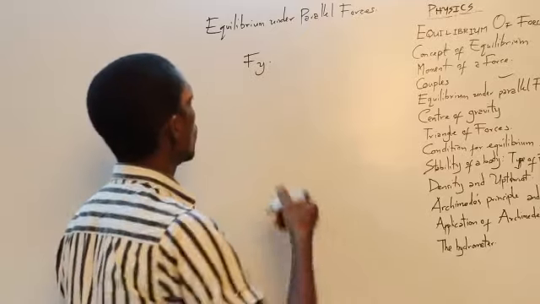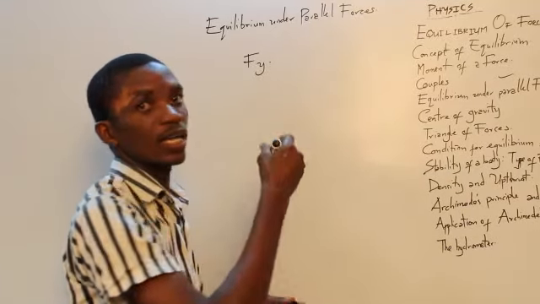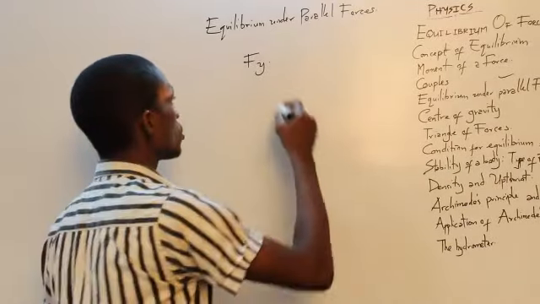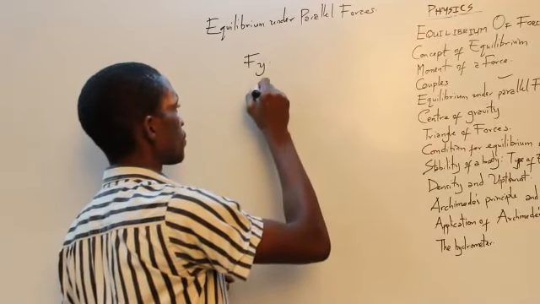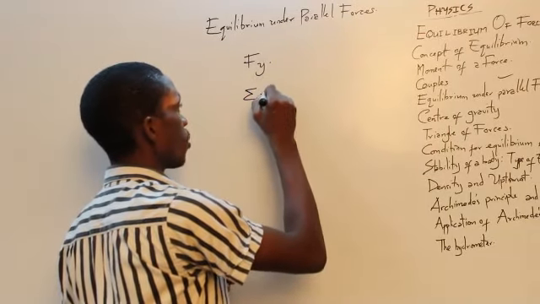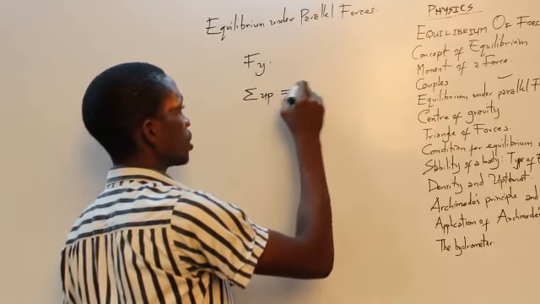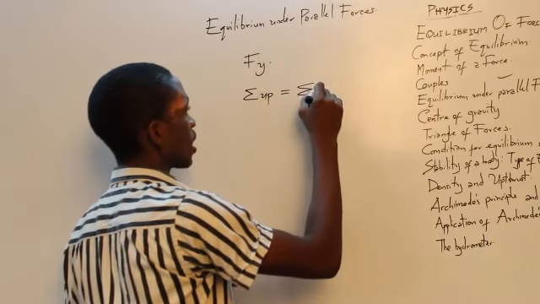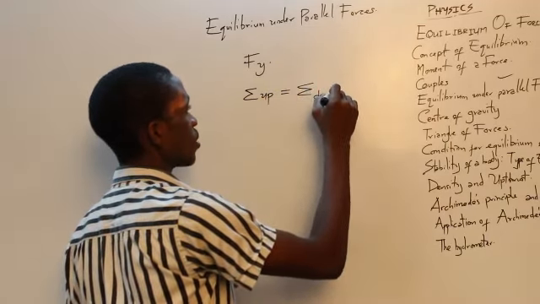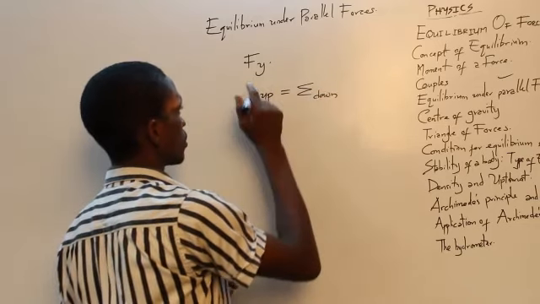So we could have upward forces and downward forces. When we sum our upward forces, the summation of upward forces should give us the same thing as that of our downward forces.